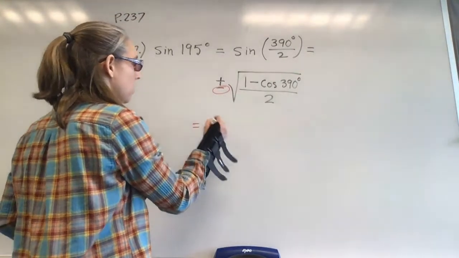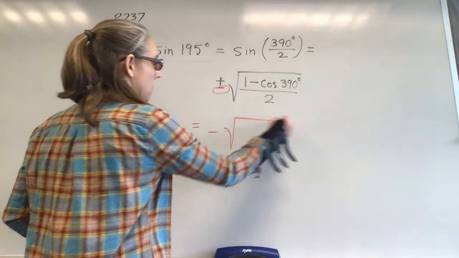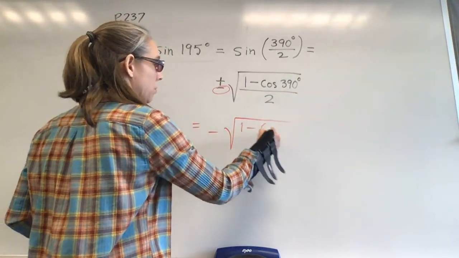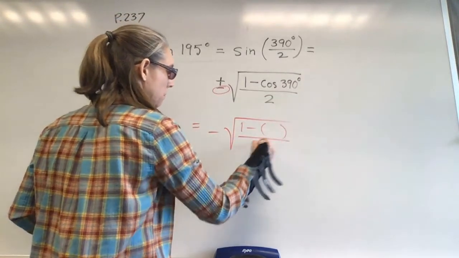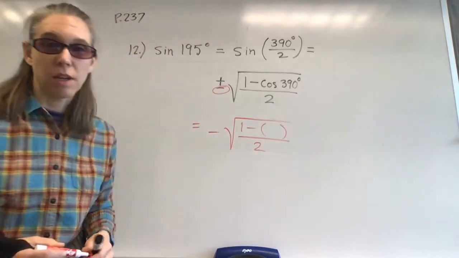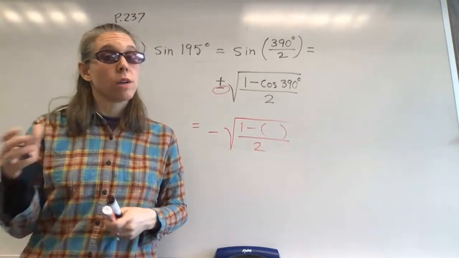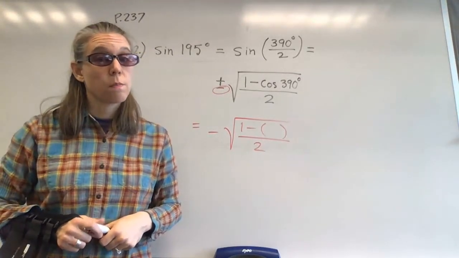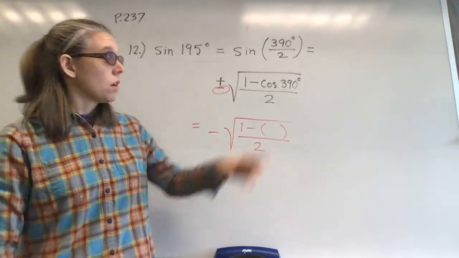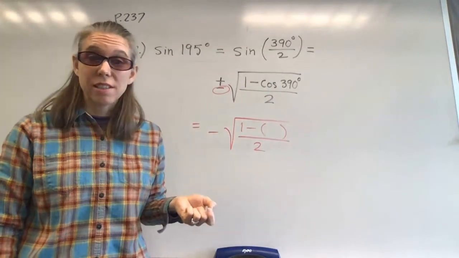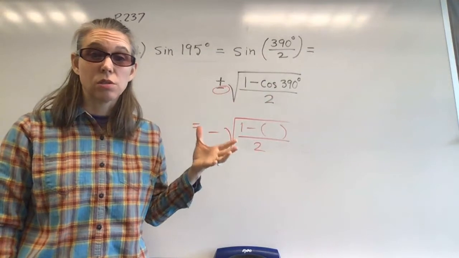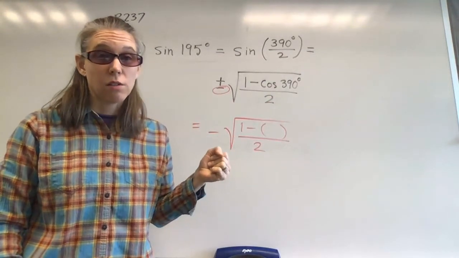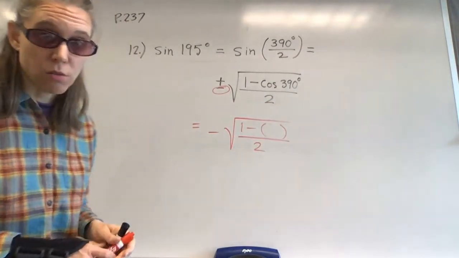So then this is equal to negative square root of 1 minus, we're going to replace cosine of 390 degrees. Now, 390 degrees is coterminal with 30 degrees, so whatever cosine 390 degrees is, it's identical to cosine of 30 degrees, and the cosine of 30 degrees is square root of 3 over 2.